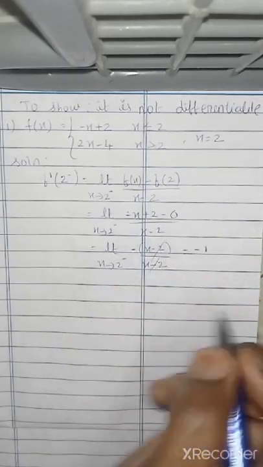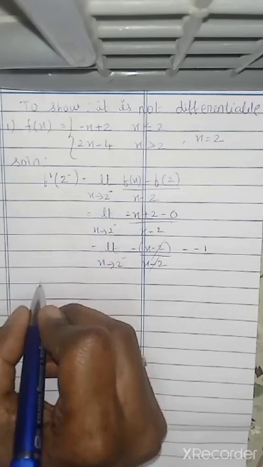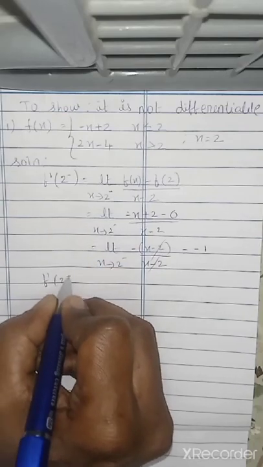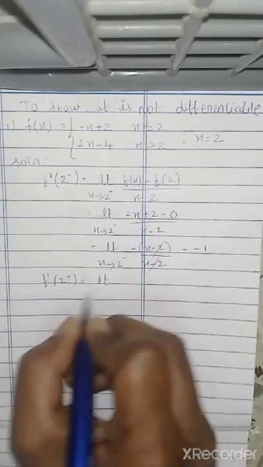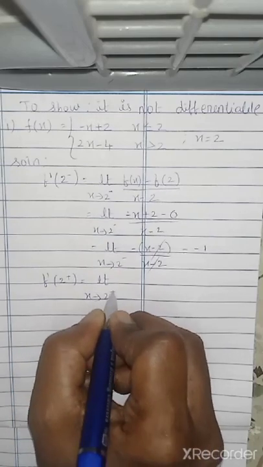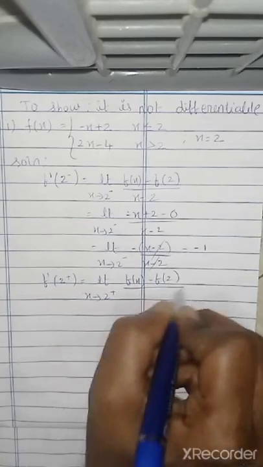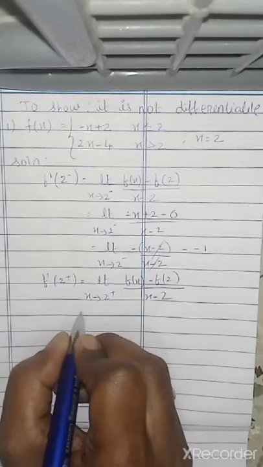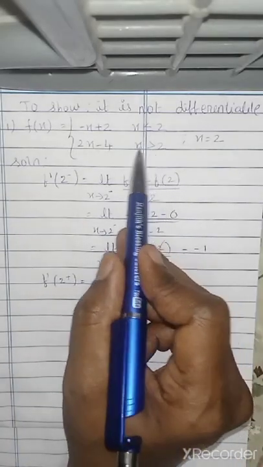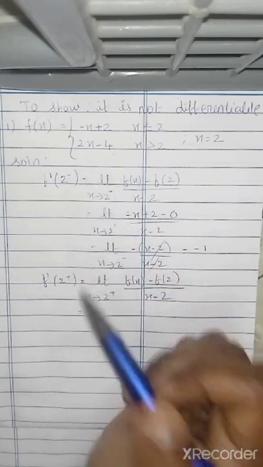Now we can find f dash of 2 plus. f dash of 2 plus equals the limit as x tends to 2 plus of f(x) minus f(2) by x minus 2. So 2 plus means greater than 2. Now what is the function? 2x minus 4.